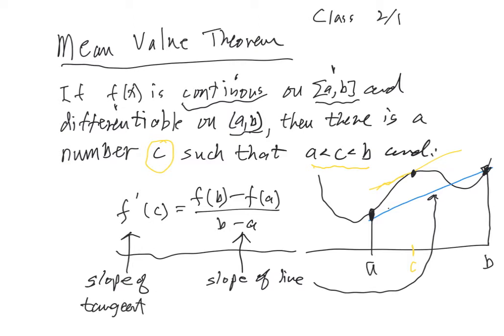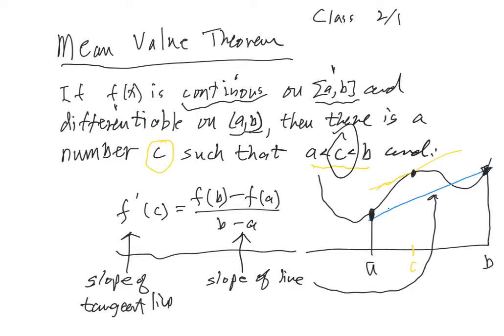And the theorem says if these conditions are met, continuous, differentiable, then this number has to exist, this number C. And I've illustrated in the picture a number. I found the number in the yellow, you can see, between A and B, where it appears the slope of the tangent line there is the same slope as the blue line.